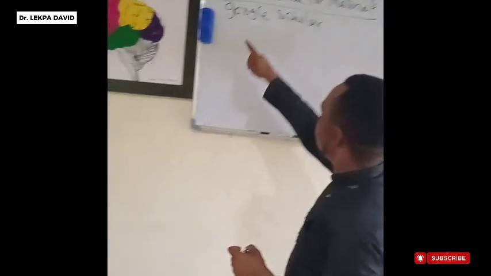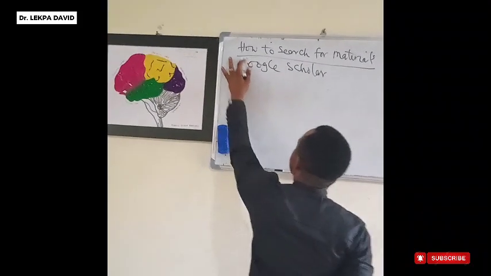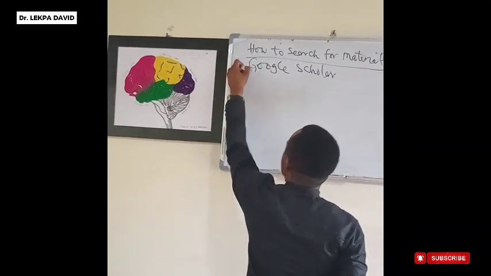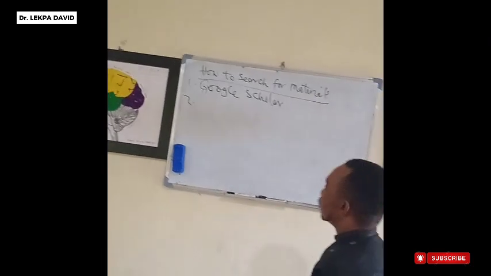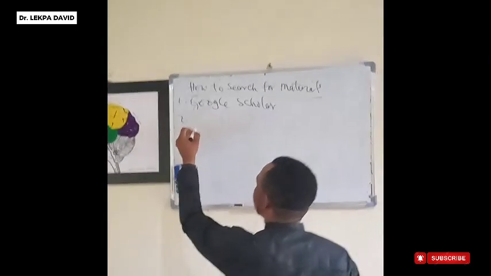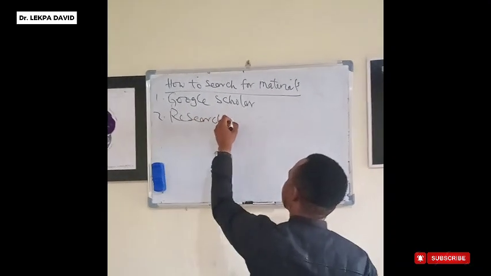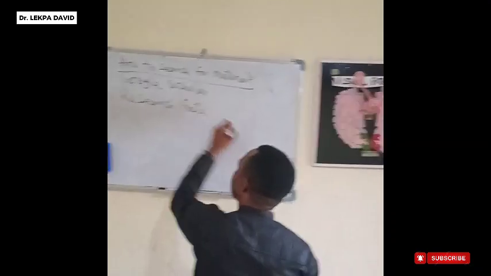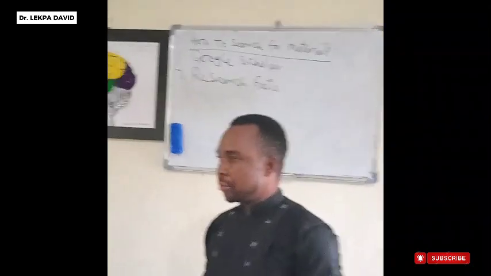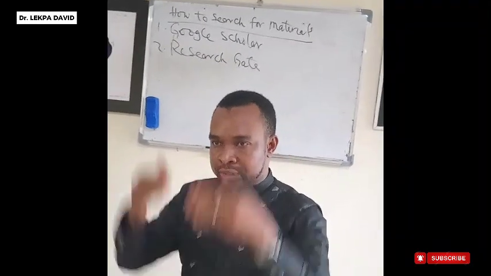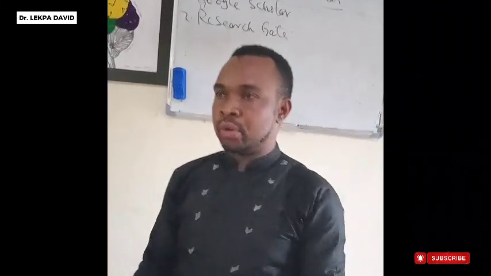So the first place you go to is Google. That's one. Two is Google Scholar. The second, you can go to ResearchGate. The same way, when you search ResearchGate, you see articles that have been published that are similar to what you are looking for.